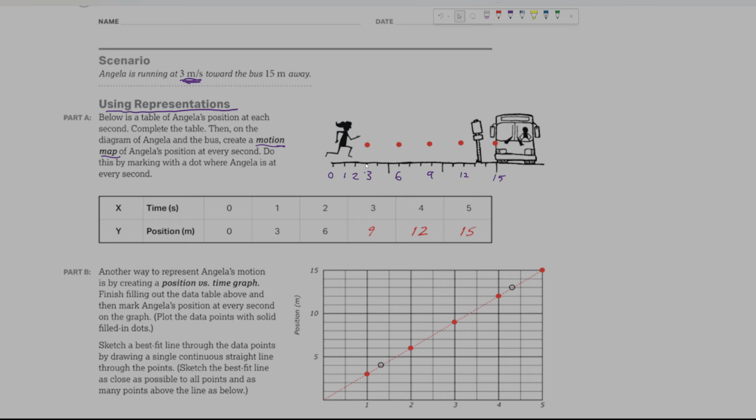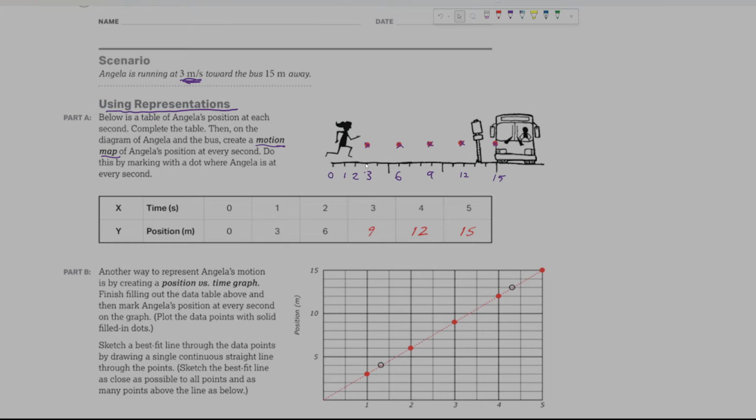Now it's just asking for position, and that's important because a position is just a place. It says you should use a dot, but you might think of it as an X. X marks the spot. Here's where Angela is at those times, right? Later on, we're going to make a motion map of Angela's velocity, but I don't want to get ahead of ourselves.